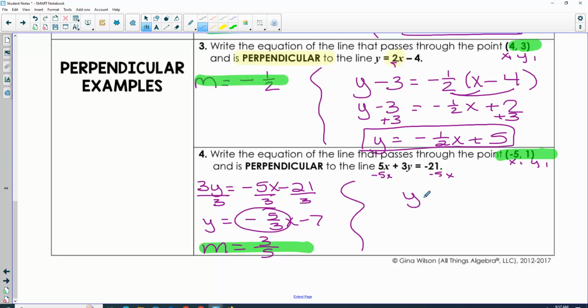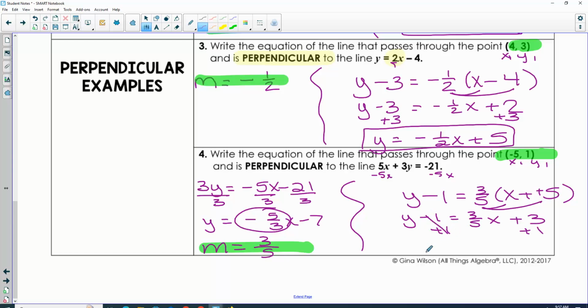So y minus y1 equals m times x minus negative 5. Minus the negative becomes positive. We get 3/5 x plus 3. Add our 1. We get y equals 3/5 x plus.